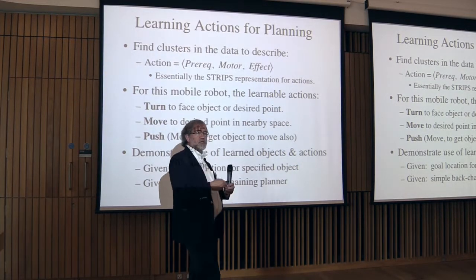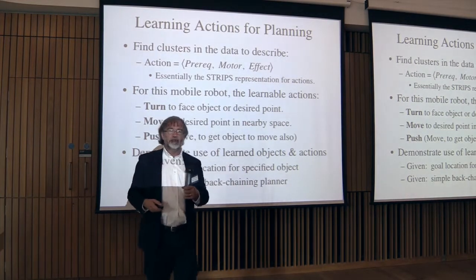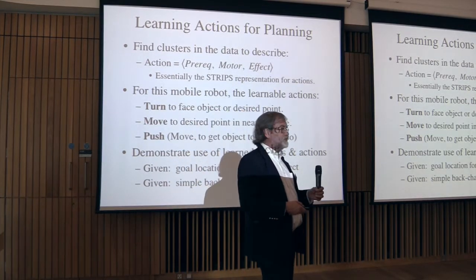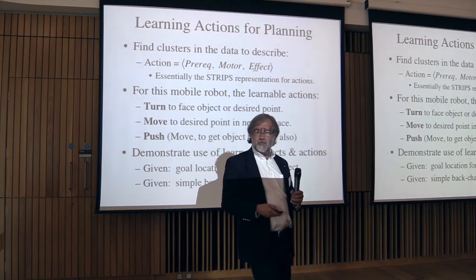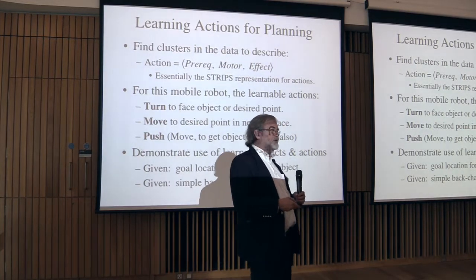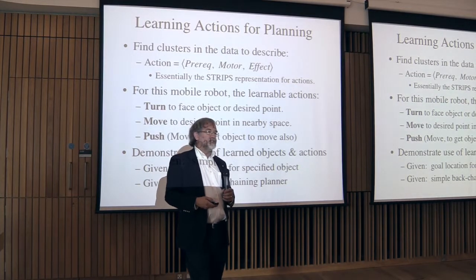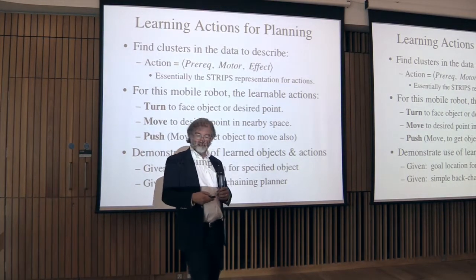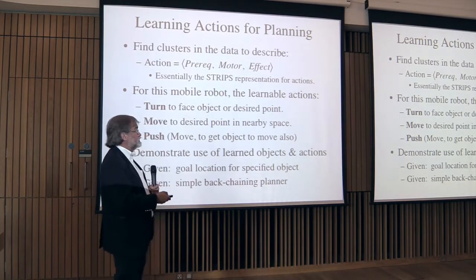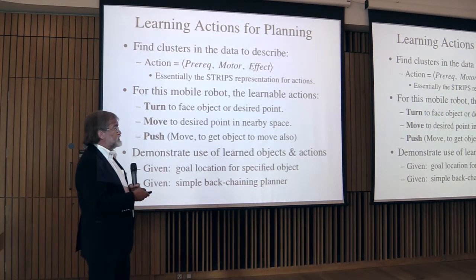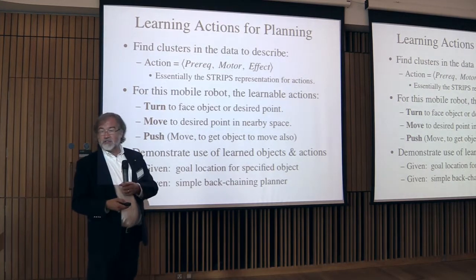Now we had to put on some restrictions because we wanted to be really careful not to burn out the motors. So if the robot tried to push a wall, for example, it could burn out its motors. And at this point, that particular robot was out of production, and so we would have been in a lot of trouble. So we actually did learn this set of actions.